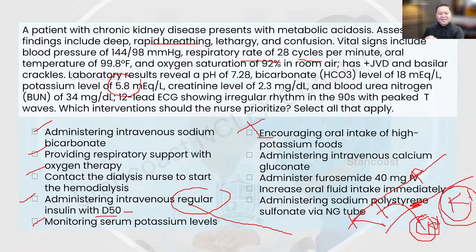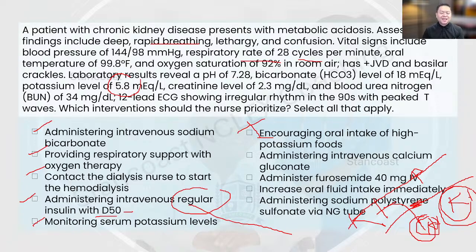Because when the patient has hyperkalemia, the heart cells will be prone to be too excited. They will become too irritable. So with that, the patient will be at risk to developing life-threatening dysrhythmias. So this is another problem that is going to be a high priority that needs to be addressed by the administration of calcium gluconate.